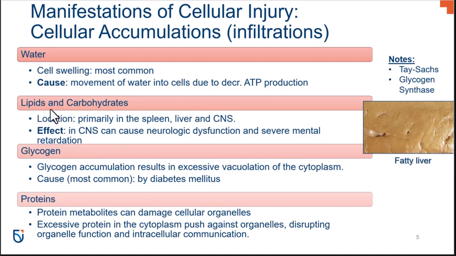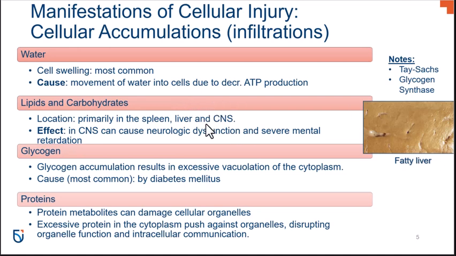Now on to the next topic, which is accumulations of lipids and carbohydrates, or the next substance, I should say. There's certain metabolic disorders that can result in the abnormal accumulation of lipids and carbohydrates within the cell. And although these substances can accumulate anywhere in the body, where you see most of the accumulation occurring is in the liver, spleen, and central nervous system.